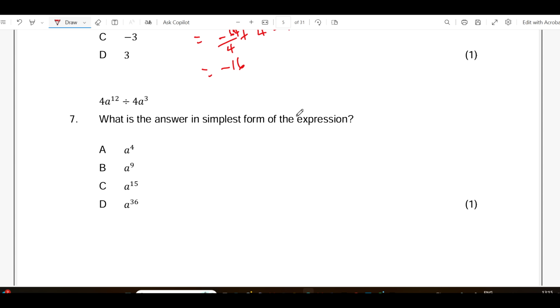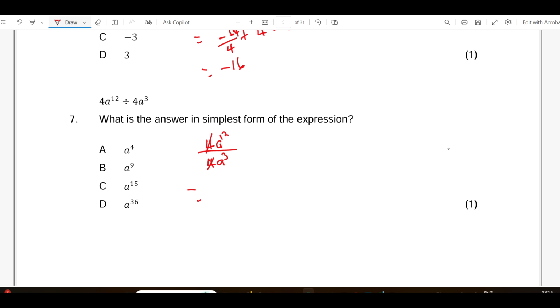What is the answer in simplest form of the expression? Guys, the laws of exponents say that when the bases are the same and we have a division sign, we subtract the exponents. It's going to be 4a to the exponent of 12, divided by 4a to the 3.